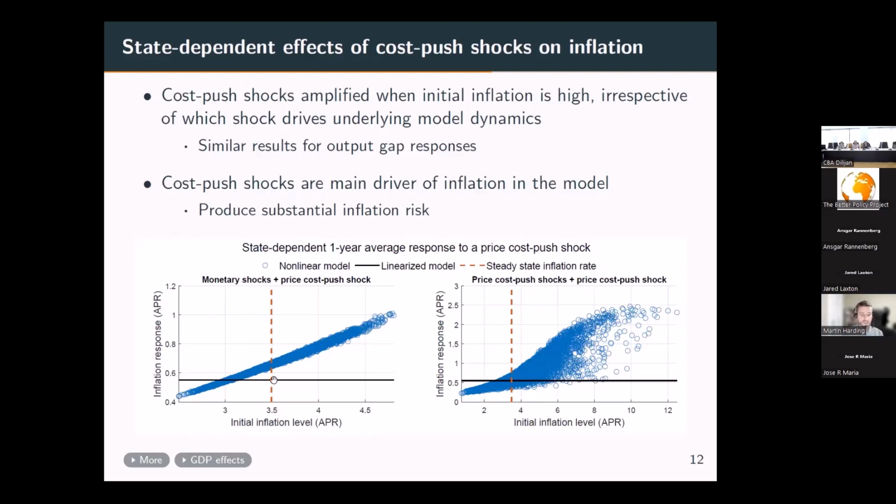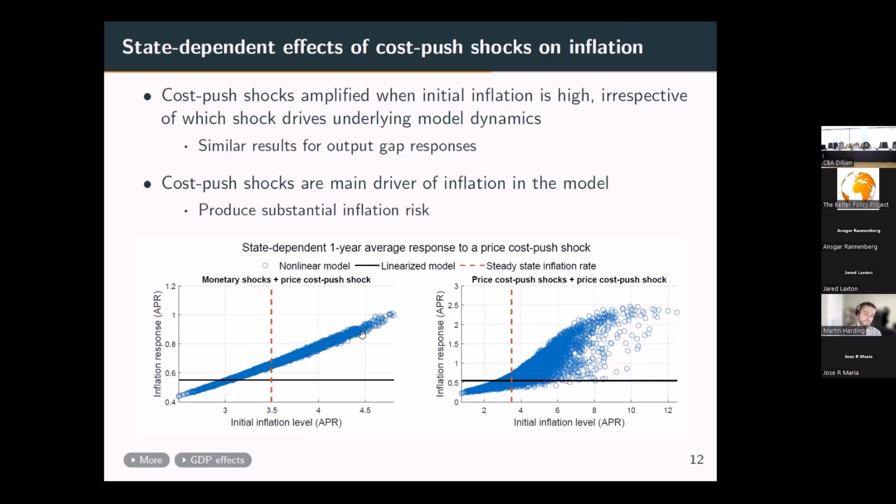Okay, so in the horizontal line here in black, you have the response of the linearized model. So this is telling you in the linearized model, a one standard deviation cost push shock triggers an increase in inflation of something like 0.5%. And this is going to be the same, of course, irrespective of the state. Now, the nonlinear model is depicted by these blue dots here.